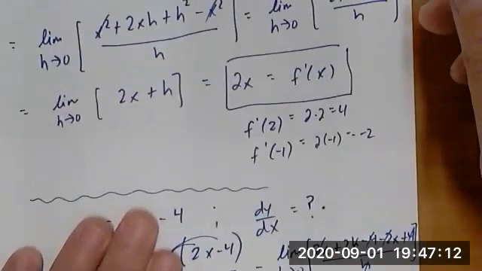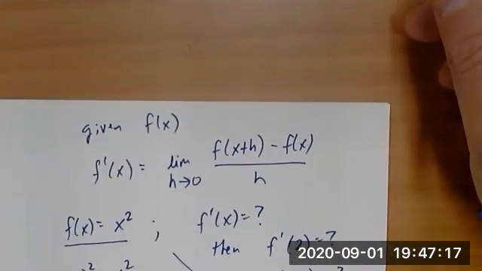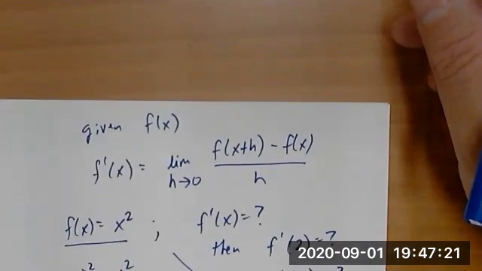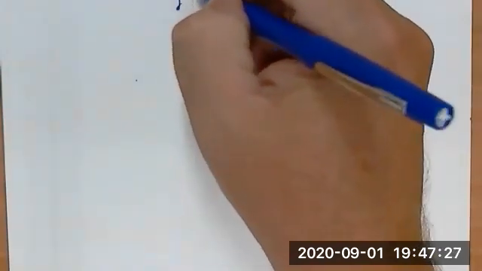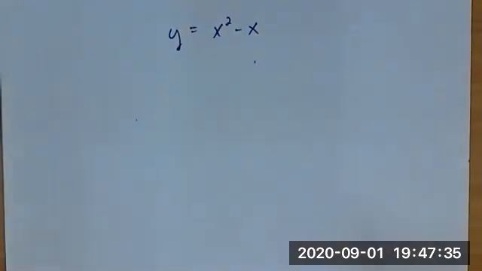Let's do one more. Maybe I'll do, how about, I'm just going to make this up. y equals x squared minus x.